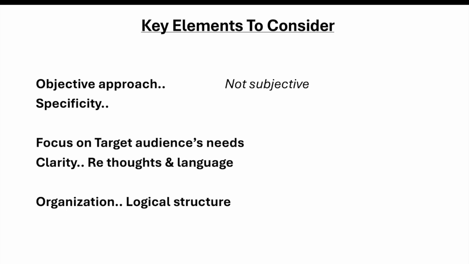Key elements for the writer to consider while writing a review report. The first thing is to have an objective approach on the part of the writer. What is objective approach? This may also be called scientific approach. When a writer has an objective approach towards any product, policy, performance, it means he is not taking those things with personal feelings.